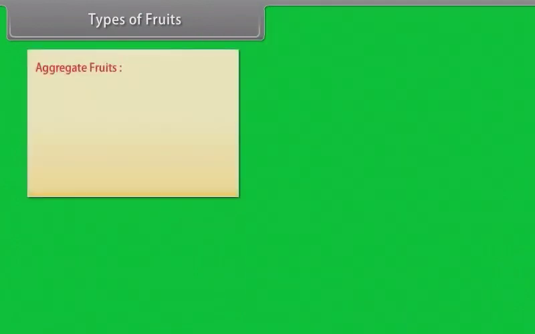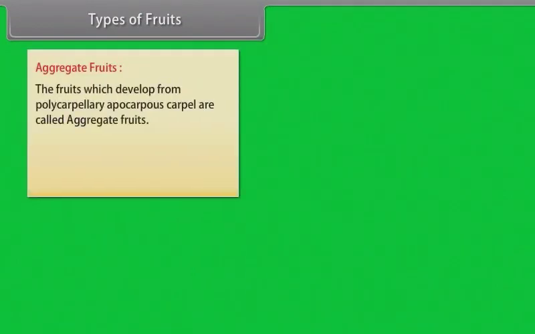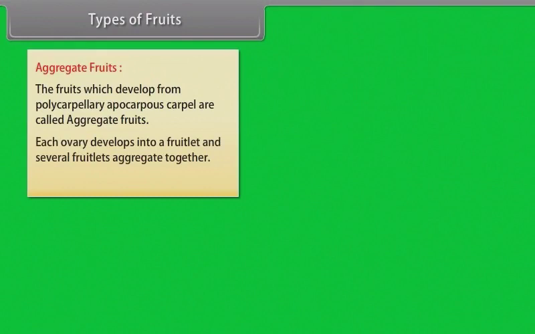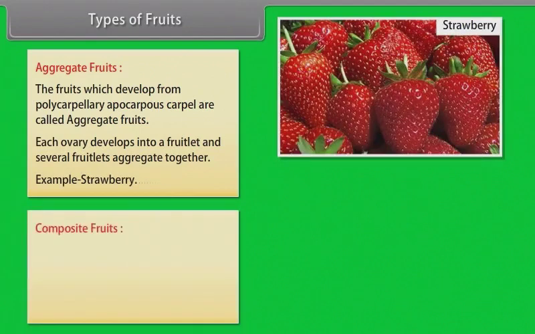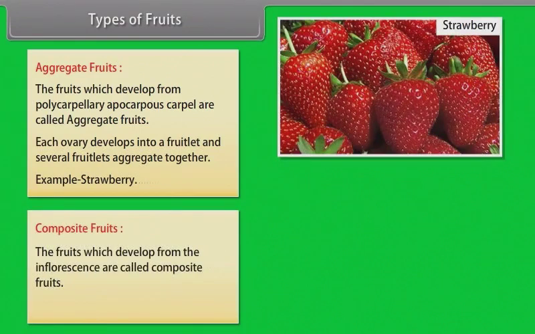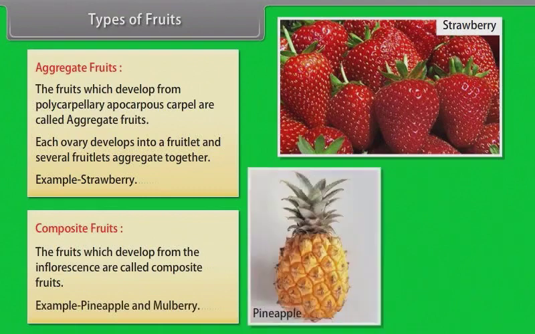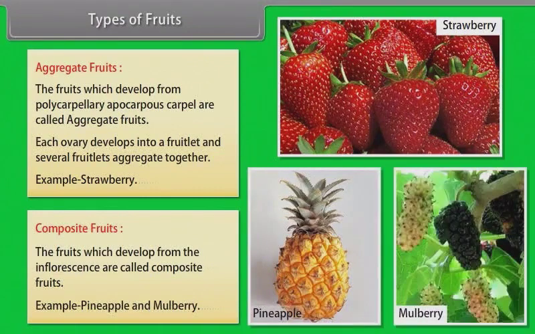Aggregate fruits: the fruits which develop from polycarpellary apocarpous carpels are called aggregate fruits. Each ovary develops into a fruitlet, and several fruitlets aggregate together. Example, strawberry. Composite fruits: the fruits which develop from the inflorescence are called composite fruits. Example, pineapple and mulberry.